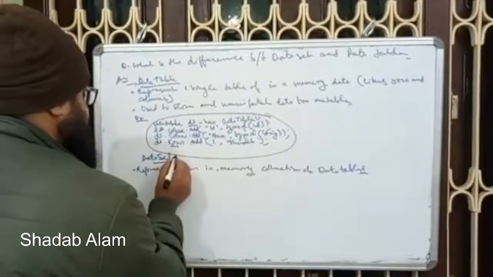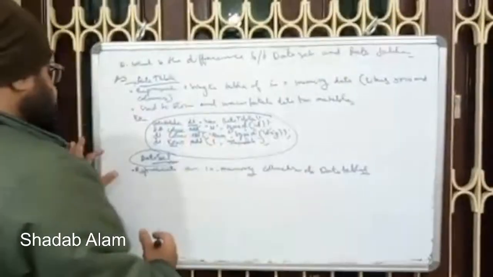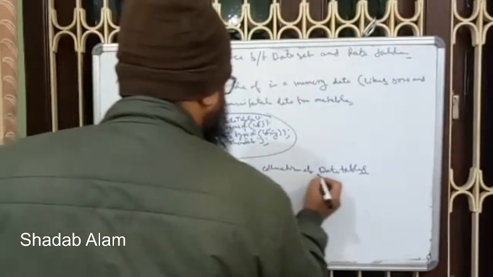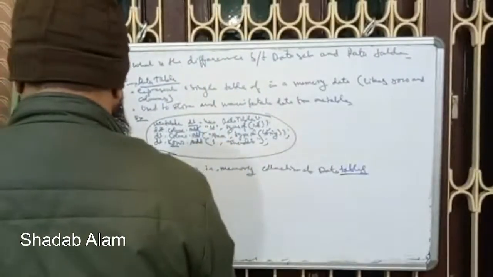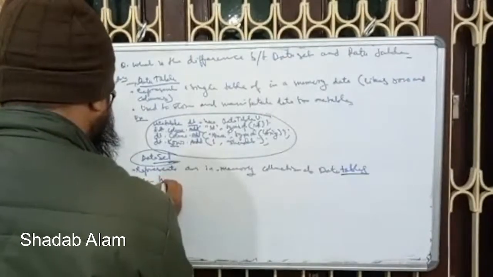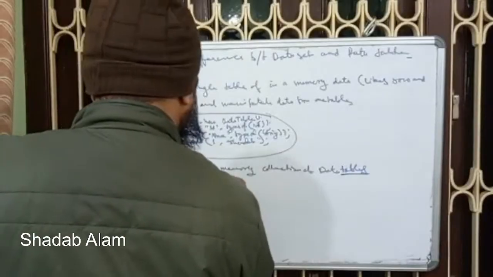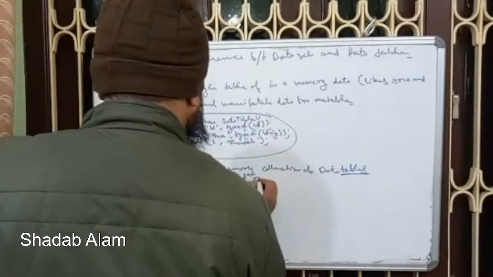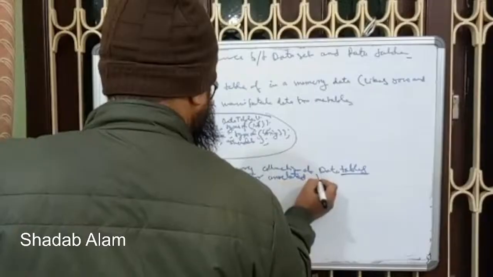What is a set? Many things are present in a set. So a data set represents an in-memory collection of multiple data tables. It can hold multiple related or unrelated tables.